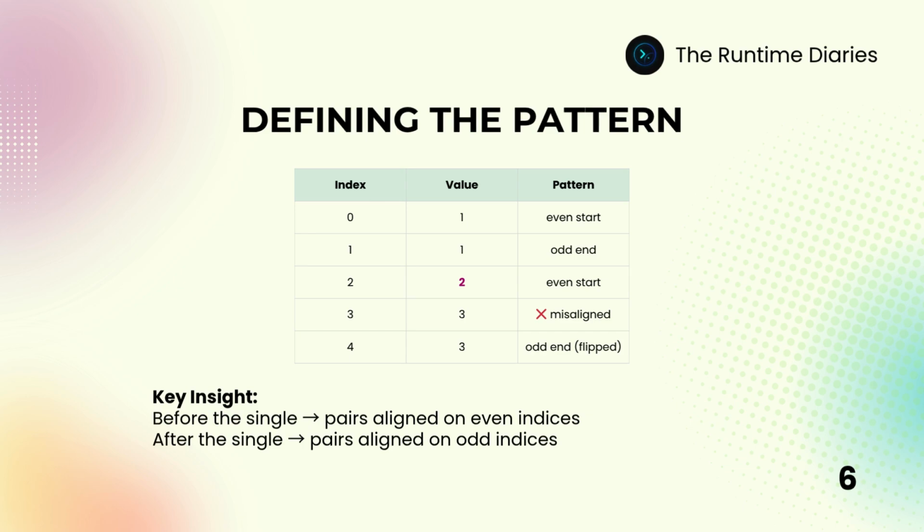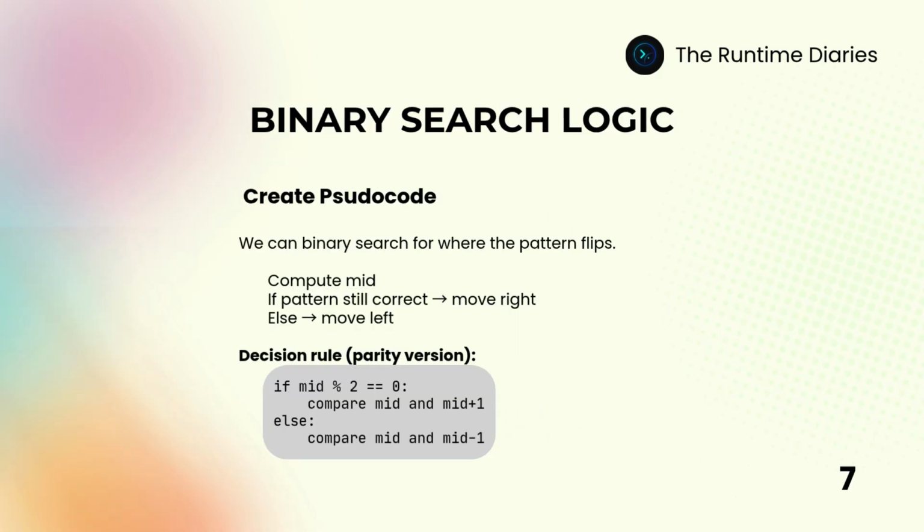Here's that flip visually. Before the single element, pairs are aligned on even indices. After that, pairs start on odd indices. So our binary search goal is to find that first misalignment, the moment the even-odd pair pattern breaks. We can express this as pseudocode.